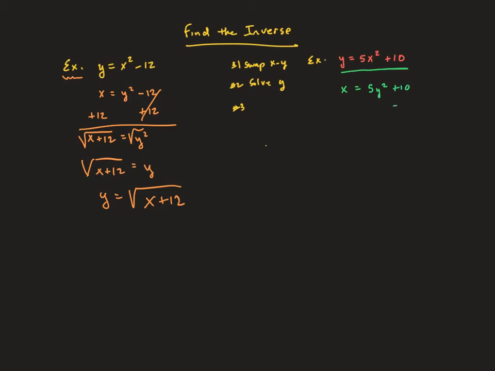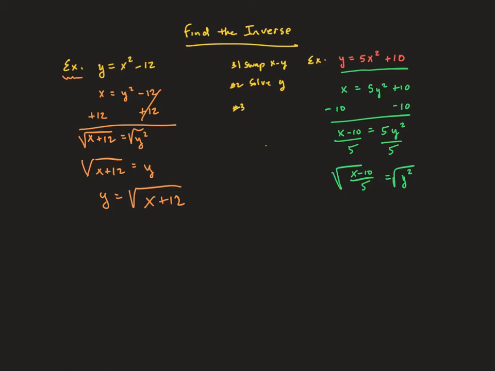Now, again, we have to subtract 10 from both sides. I'm going to have 5y squared equals x minus 10. Again, to isolate that variable with the y, we need to divide by the coefficient. So y squared is going to be equal to x minus 10 over 5.